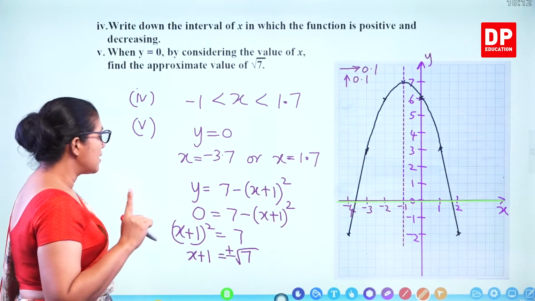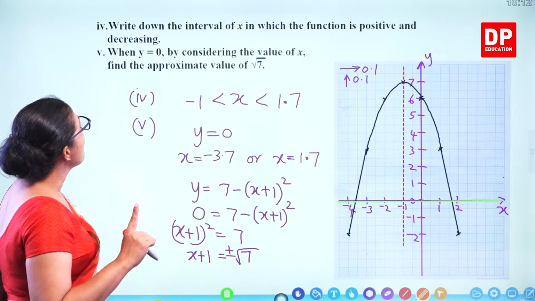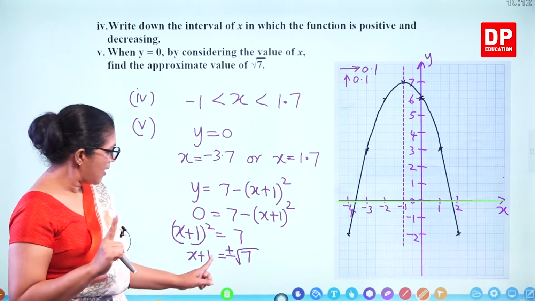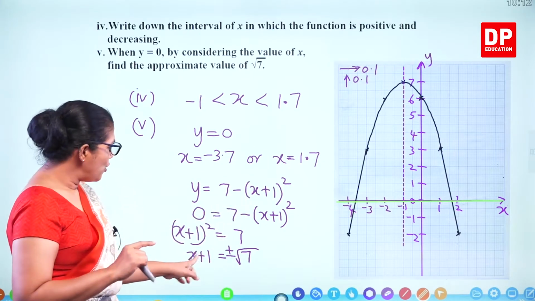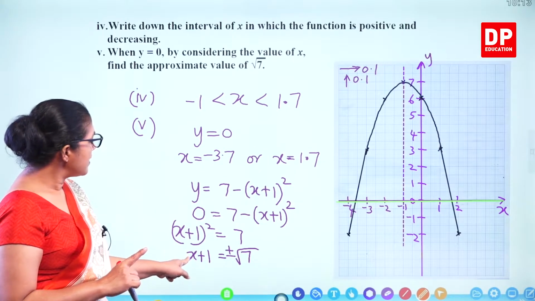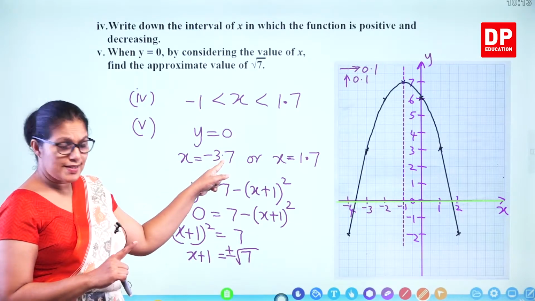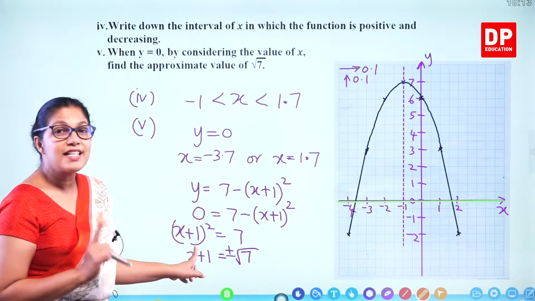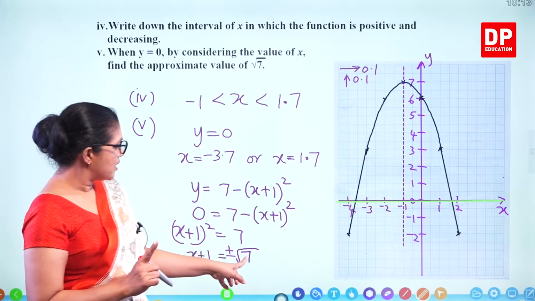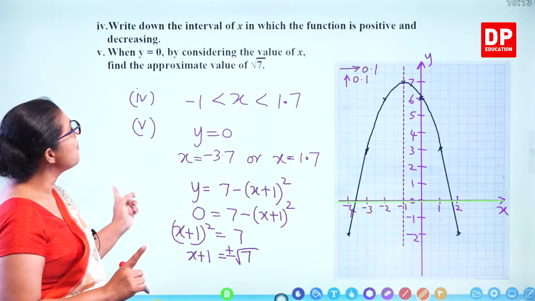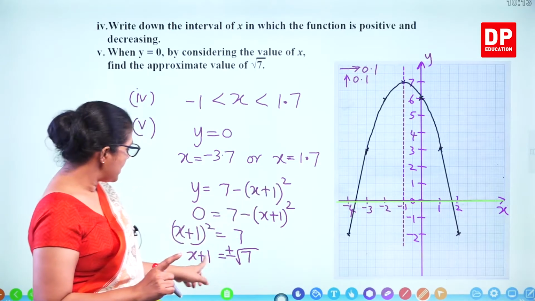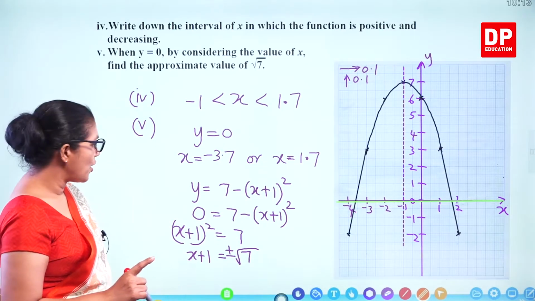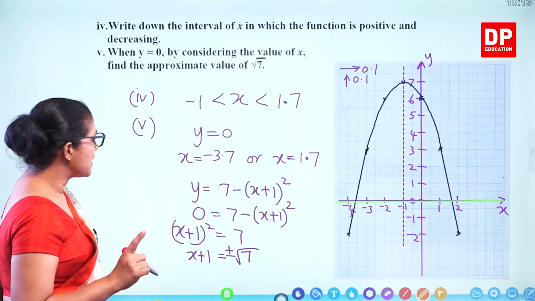So what's the root 7 value? You can take either this value or this value. When you plug in the negative value, negative 3.7, you get a negative answer for root 7. But we need only the positive value. So you have to substitute positive 1.7 here to get the plus root 7 value.